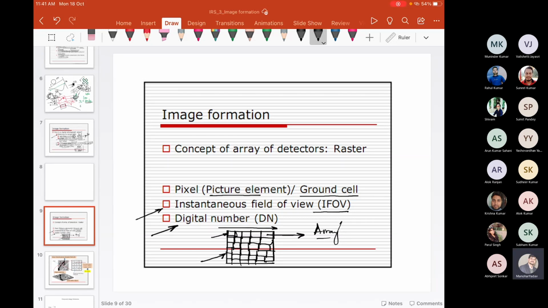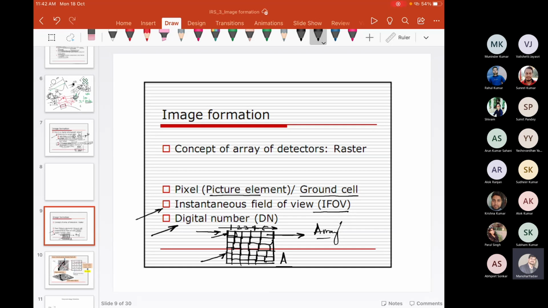So you already know about the digital number. Just see here. Let's say we want to scan this particular area A that is comprised of many grids. One way could be to scan the grid cells row-wise, like first scan this, then second, third, fourth, and fifth.